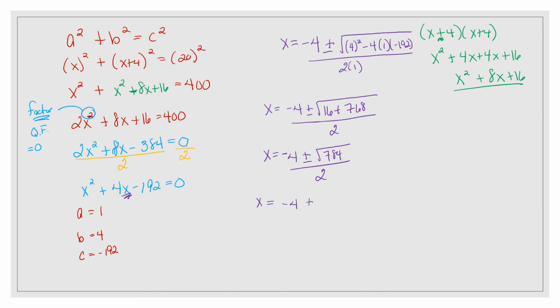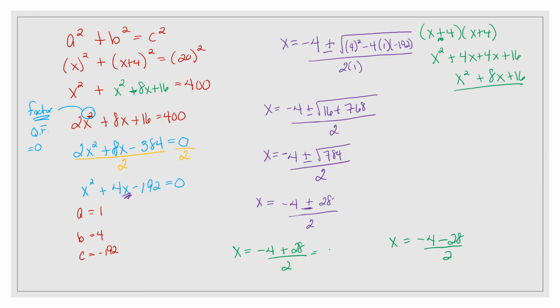Good, we don't even have to deal with decimals. We don't even have to look back and see if they said use decimals or radicals. So, 2 answers now, don't I? One answer is x equaling negative 4 plus 28 all over 2. And the other answer is x equaling negative 4 minus 28 over 2.